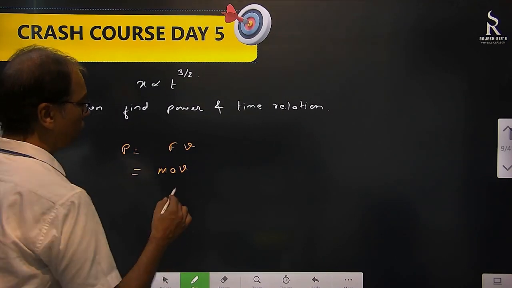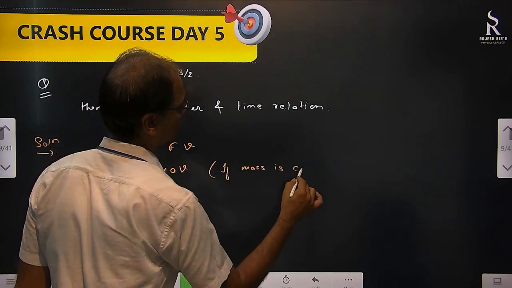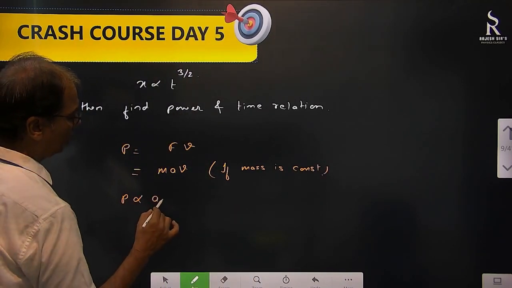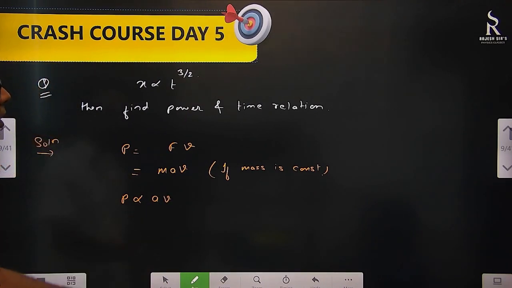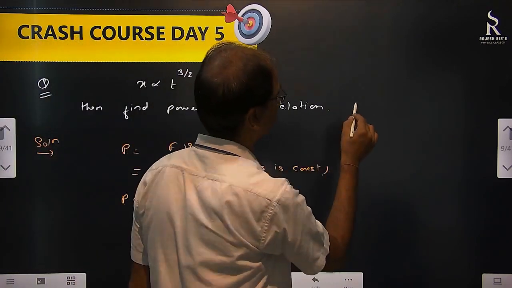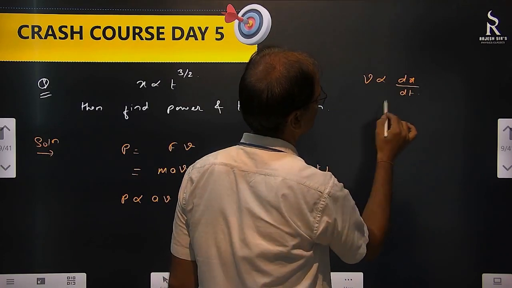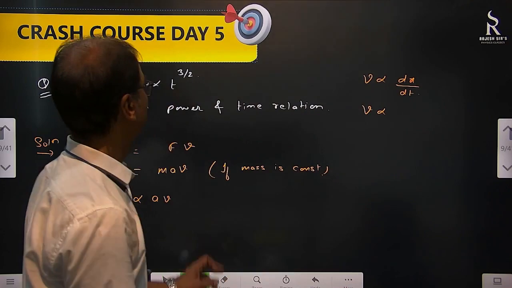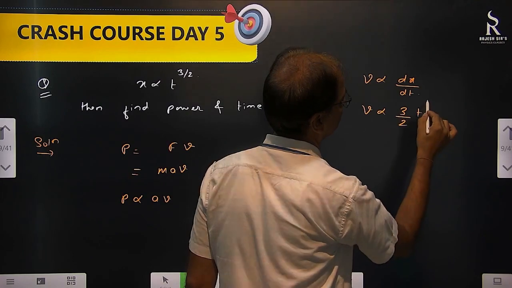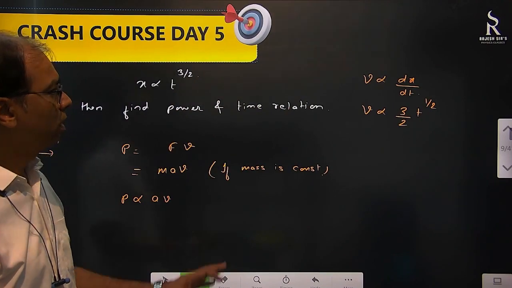Now if mass is constant, we can write power is proportional to A into V. To get V from x proportional to t to the power 3 by 2, V is dx by dt. Differentiating, V will be 3 by 2 t to the power 1 by 2. So we got velocity.